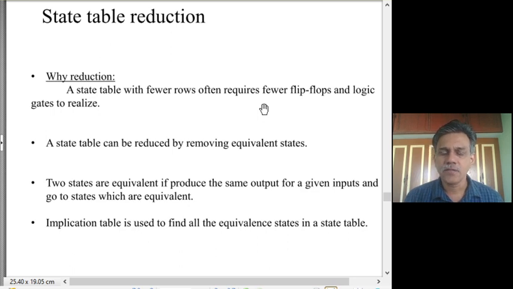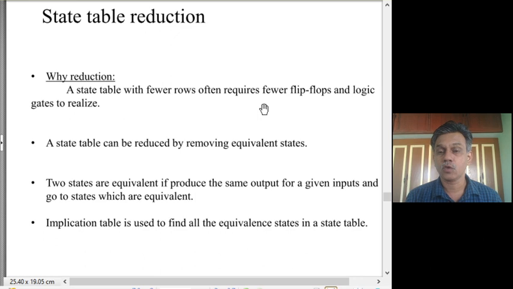That is, if 2 states produce the same output for a given input, then obviously from the perspective of output generation, they are similar. For a given input, there may be many possible input combinations. If there is a single input to the network, the input can be 0 or 1. If there are 2 inputs, there can be 4 different input combinations.